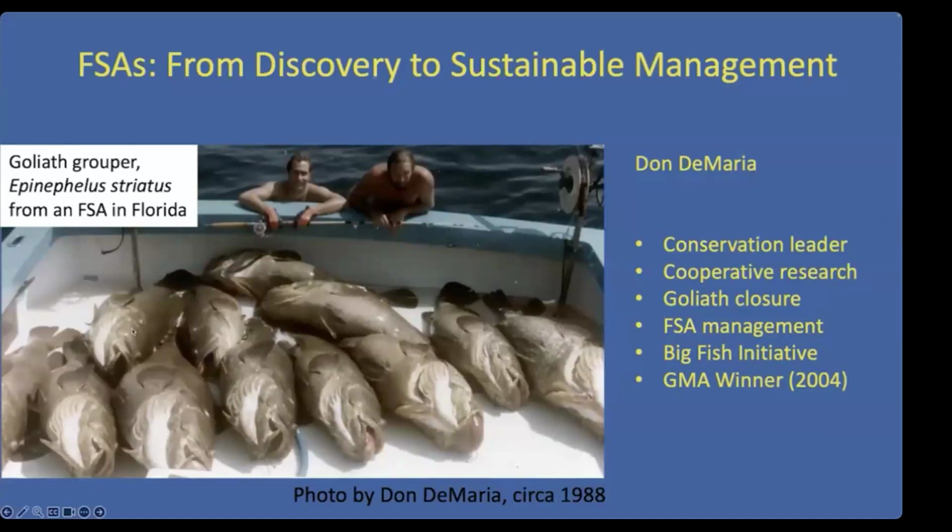He was instrumental in getting Goliath grouper closed to fishing. He's been working on FSA management, including the declaration of the Tortugas Reserve, Riley's Hump in the Florida Keys. He was one of the founders of the Big Fish Initiative. He won the first GMA award in 2004 and continues as a conservation leader in Florida and around the world.